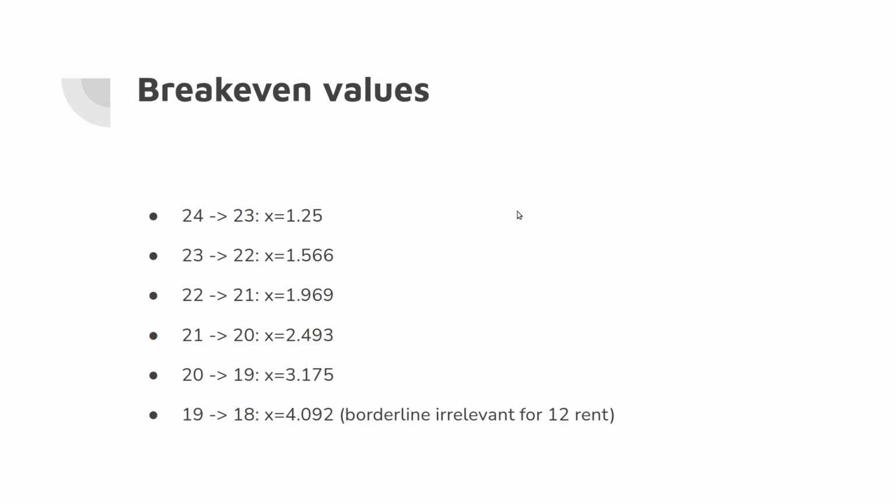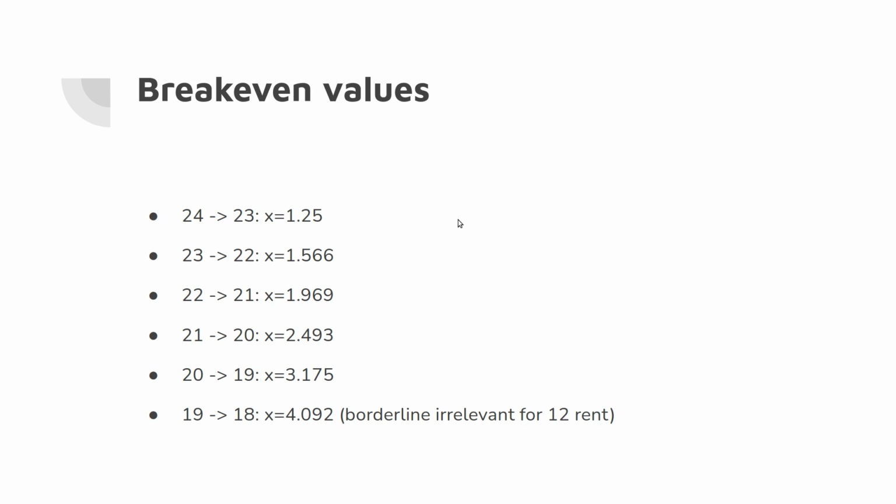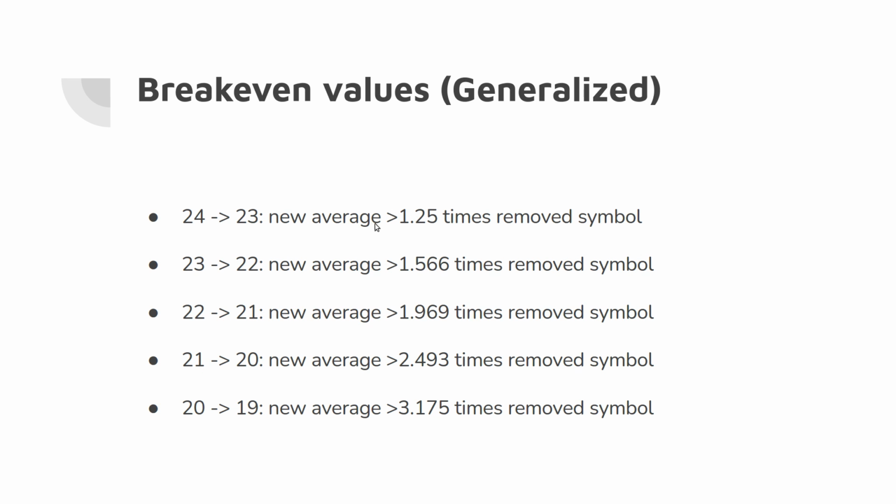And so how that math works out is if the new average is greater than 1.25 times the value of the removed symbol, right? So previously we had just locked it to 1. But if it's any higher, then as long as the new average is the value of the removed symbol times 1.25, then we're good to go.